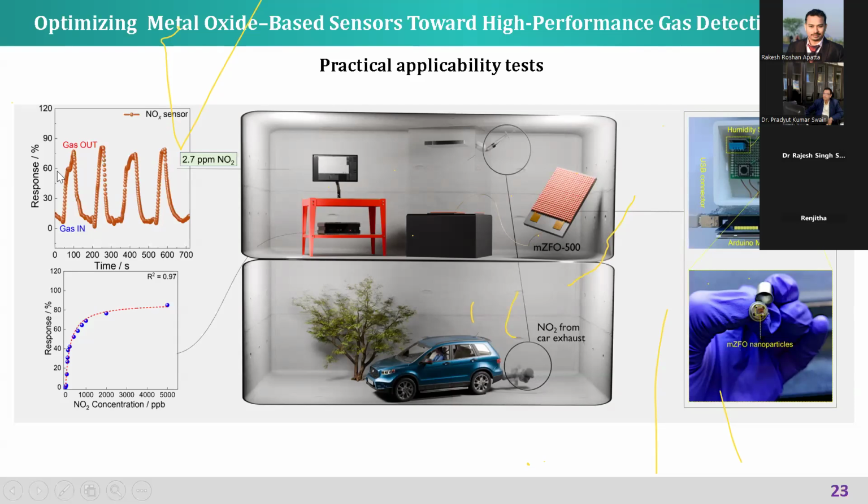In this case, we exposed the sensor to car exhaust and studied how much NOx is present. By knowing the standard values, like calibration, you can calculate the amount of NOx. In this case, the car exhaust has 2.7 ppm of NOx gases.